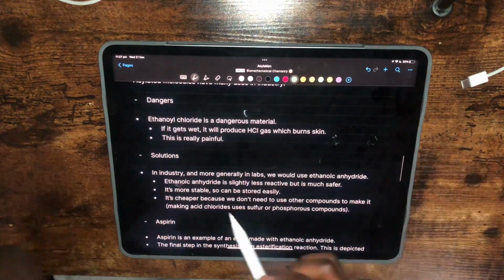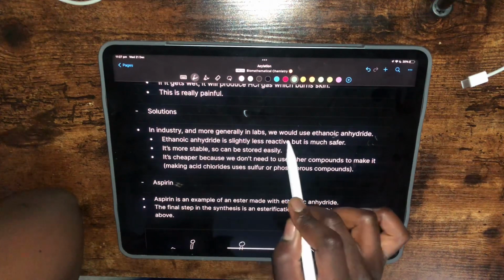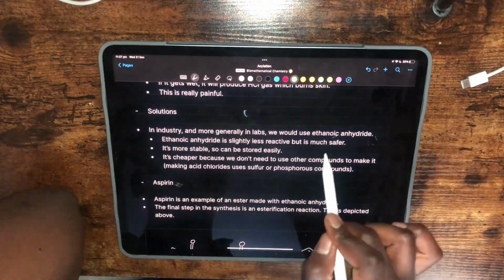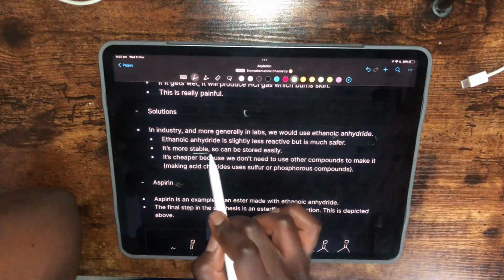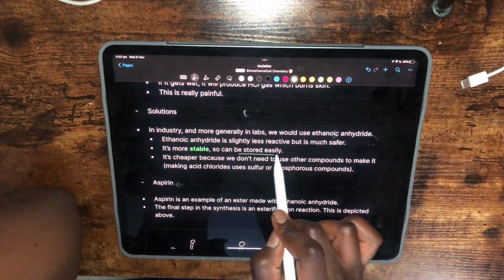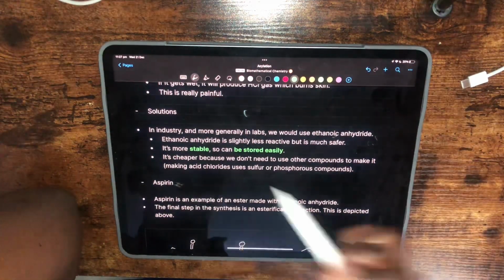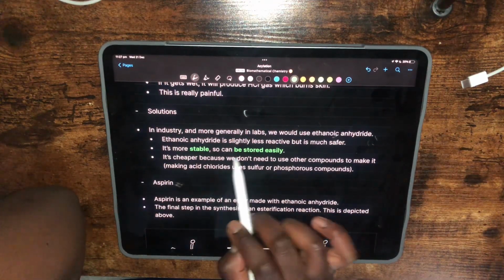So, for example, here, the ethanoyl chloride is dangerous. In industry, and more generally in labs, we use ethanoic anhydride, because it is slightly less reactive, but much safer, and first of all it's more stable, so it's more easily stored. And it's cheaper as well. Cost is also another thing that you want to talk about. Cost isn't really to do with safety or hazards.